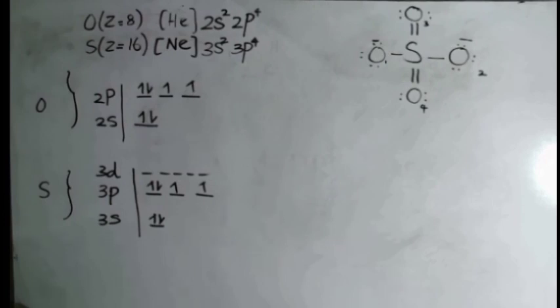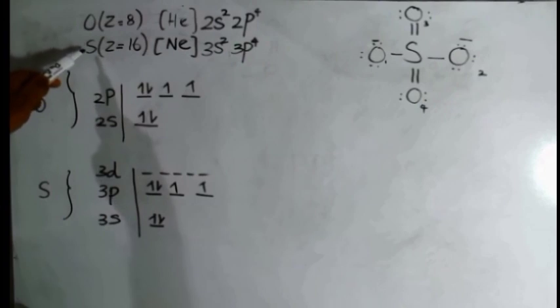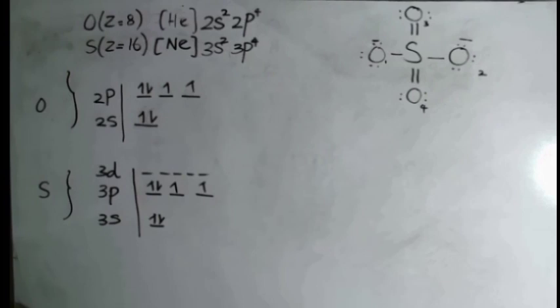The oxygen atoms 3 and 4 have 2 lone pairs each, one sigma bond and one pi bond. So here, oxygen and sulfur both belong to group number 6 in the periodic table. So these are the ground level configurations.